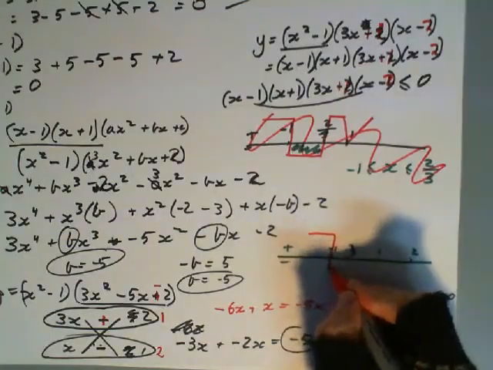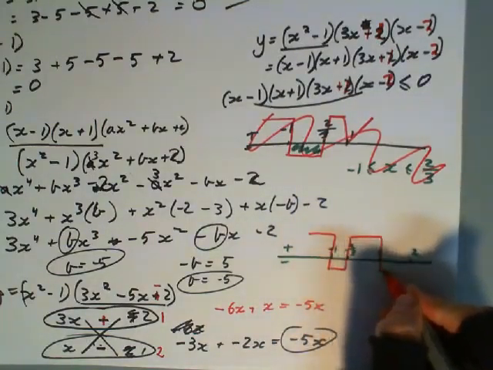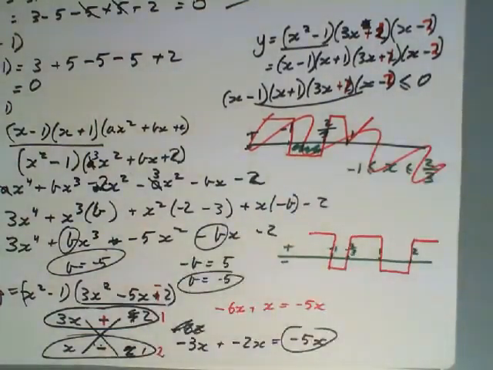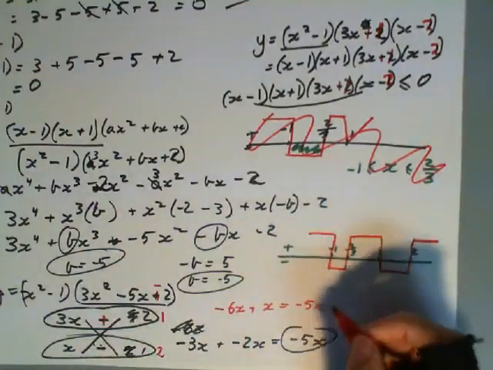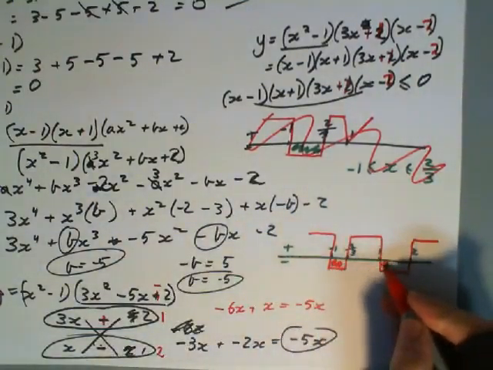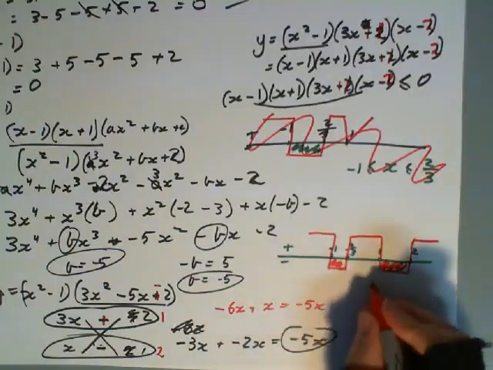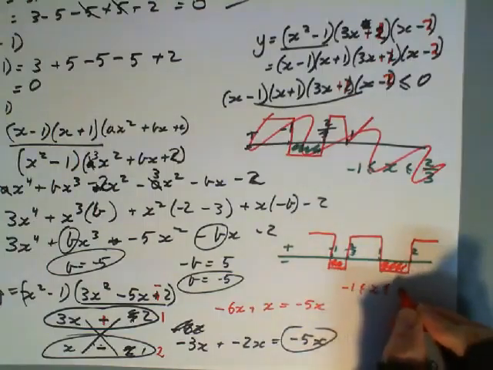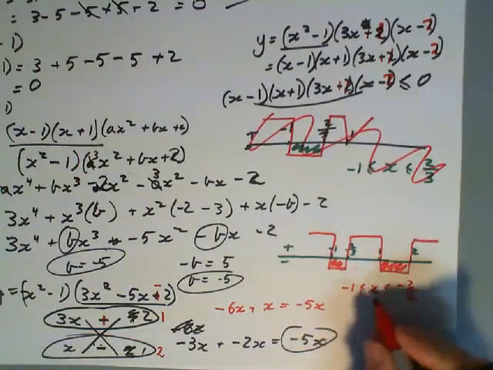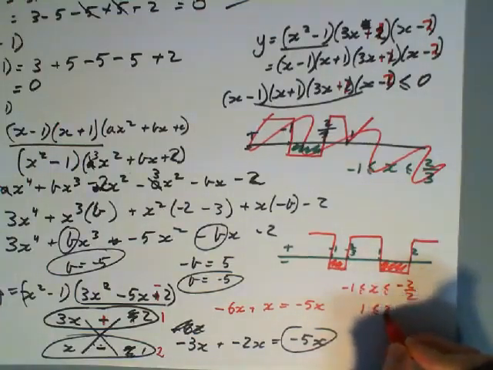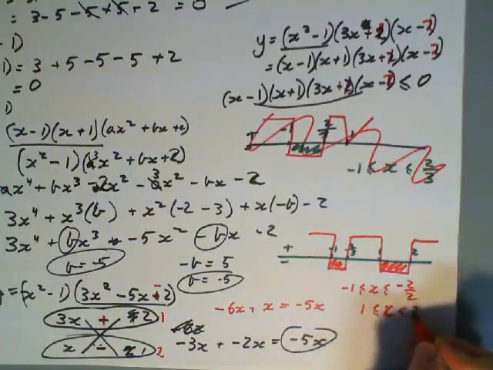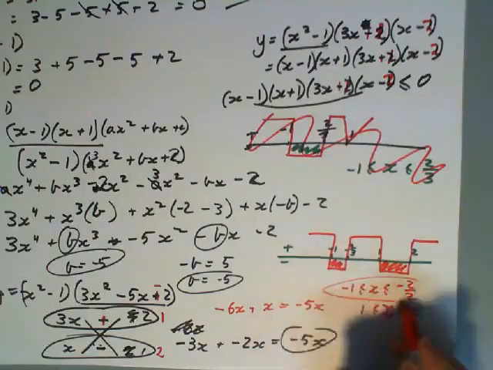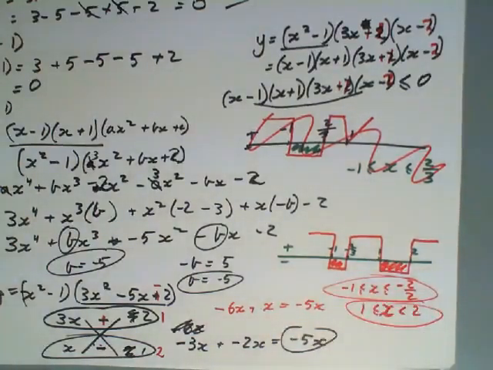So using our lines, okay, looks like this. So when is this graph less than 0? Well, it's these points in here. So it's between minus 1 and minus 2/3, and between 1 and 2. Okay, so that's what the answer is after.